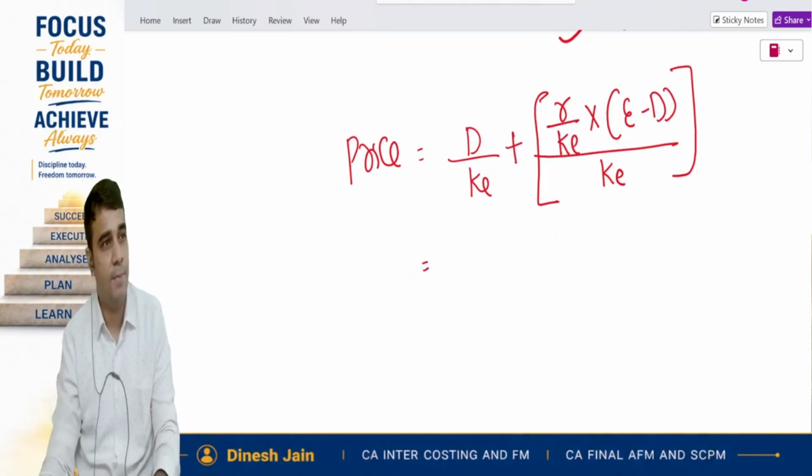Just a quick example to get the grip: D by KE plus R by KE into E minus D, whole divided by cost of equity.